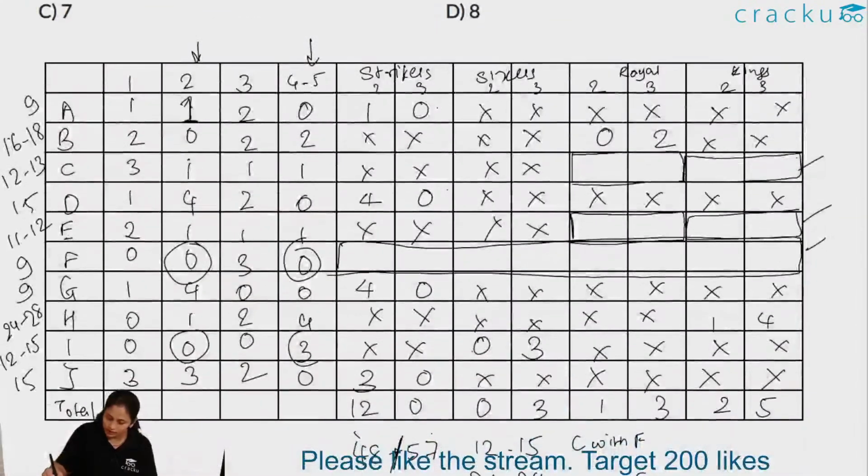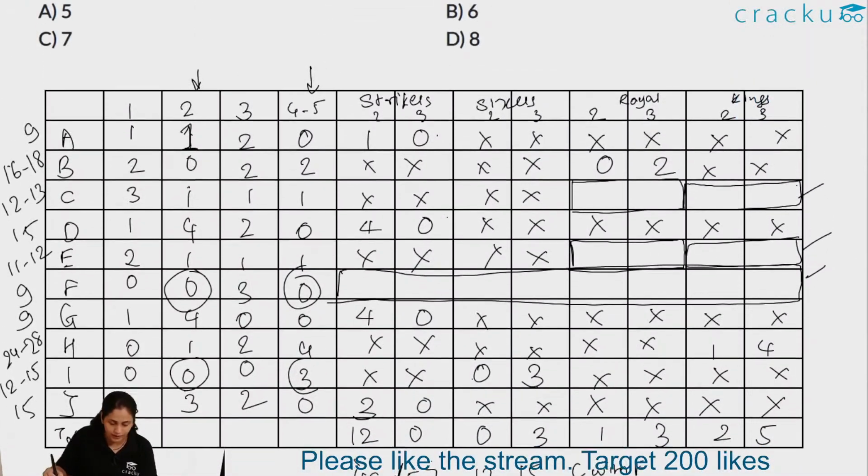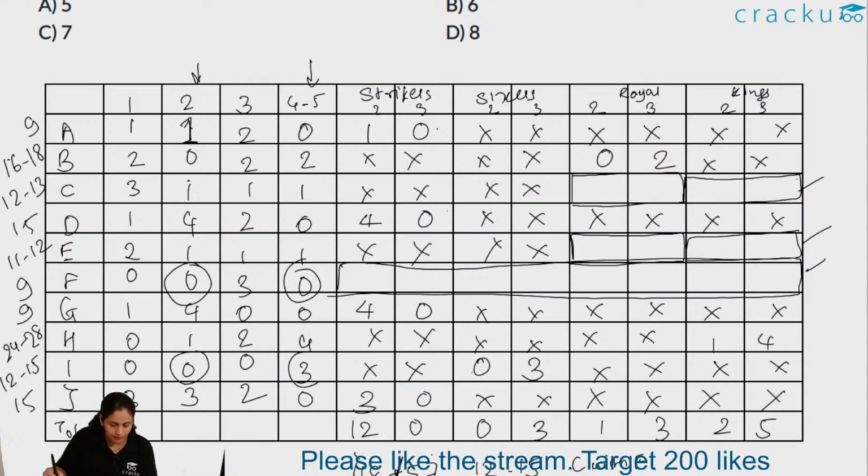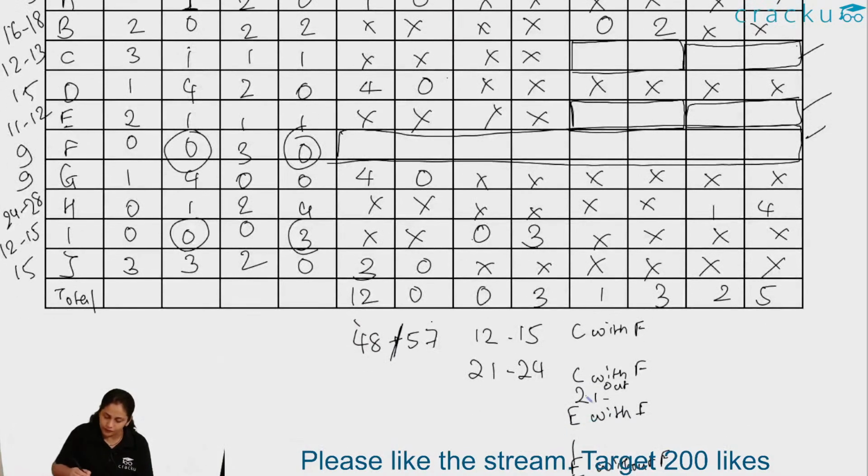So C without F: you have already 16 to 18 plus 12 to 13, which is 28 to 31. Without F, this is 28 to 31. With F would be 9 more, so this is 37 to 40 with F.